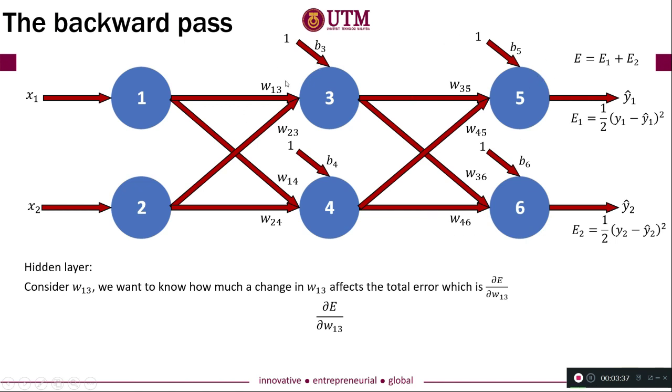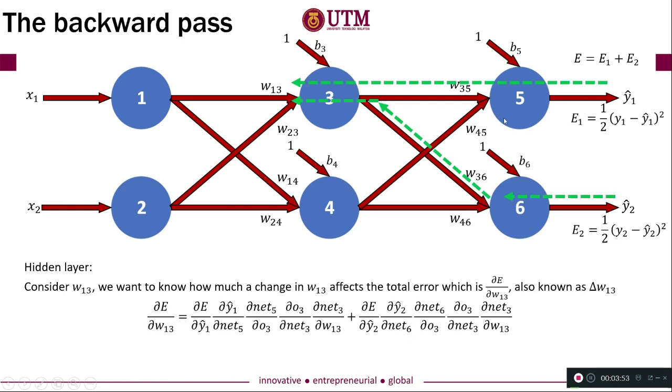To relate W13 and E, you need to cross the output layer parameters first before you can arrive here. So the chain rule here is very long.